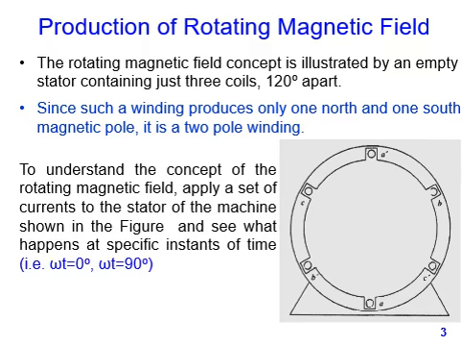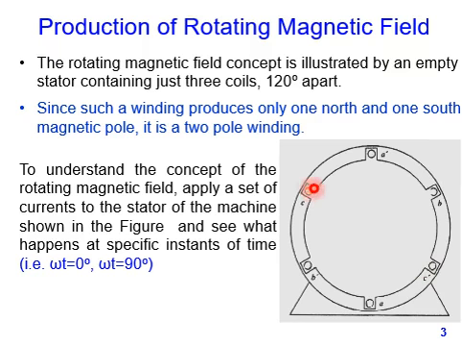The rotating magnetic field concept is illustrated by an empty stator containing just three coils. This is the empty stator. This is the first coil AA bar. This is the second coil BB bar, and this is another coil CC bar.